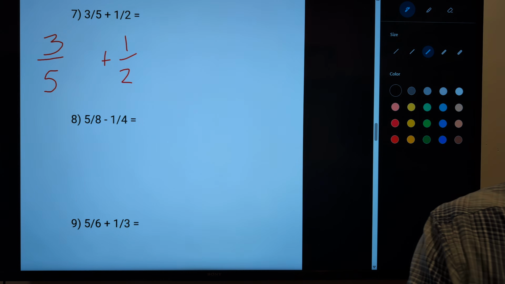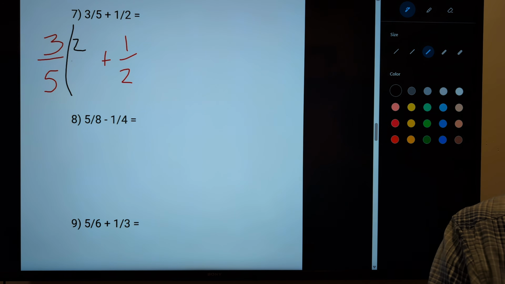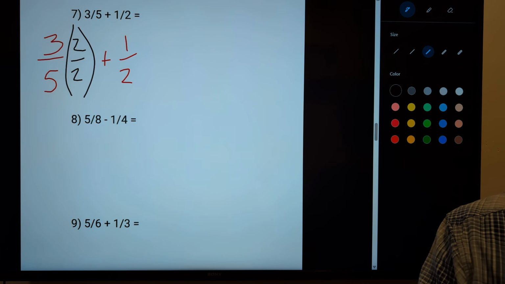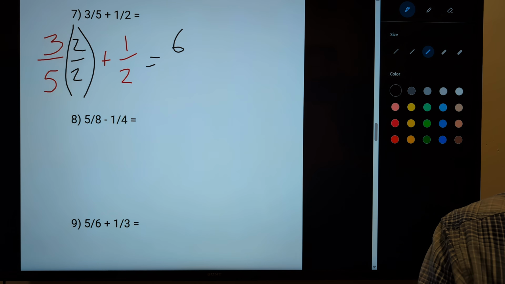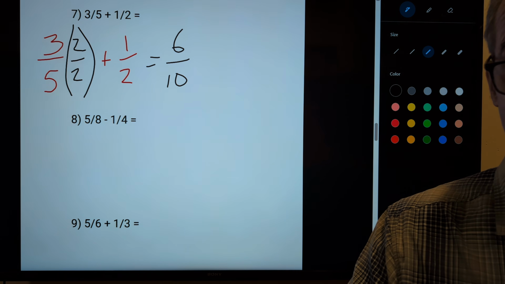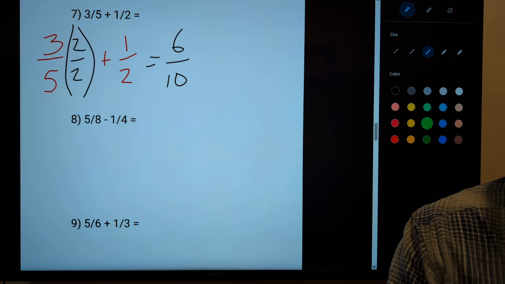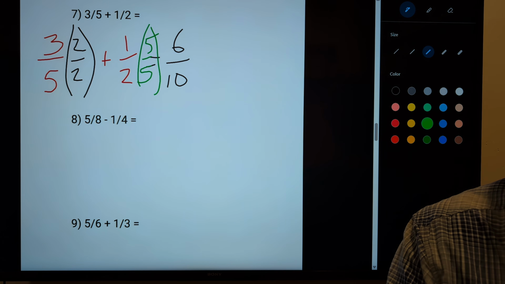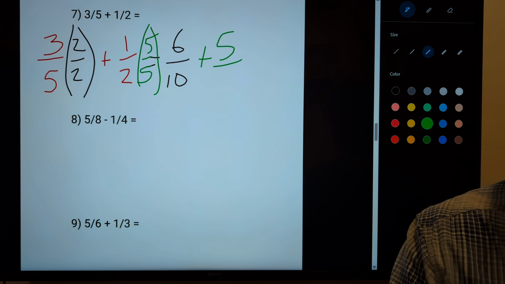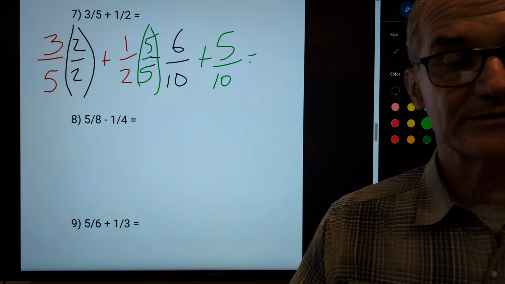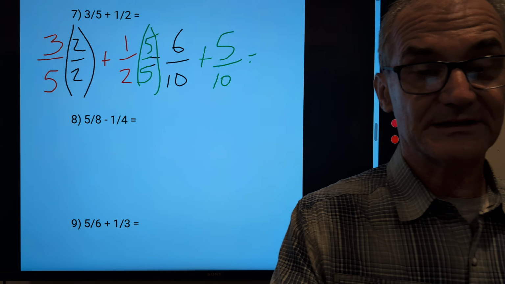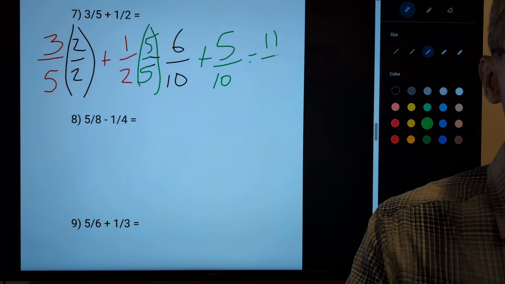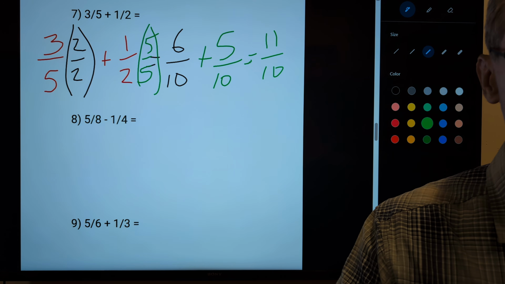So to get a 10 in the bottom, I multiply this by 2 over 2. Doesn't change the value, but it gives me 6 over 10. The second one, I multiply by 5 over 5 to get 5/10. I do all that to get that common denominator. Now I add across the top to get 11 over that common denominator of 10.